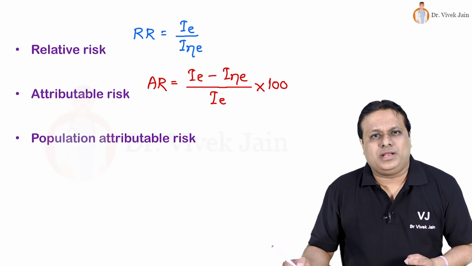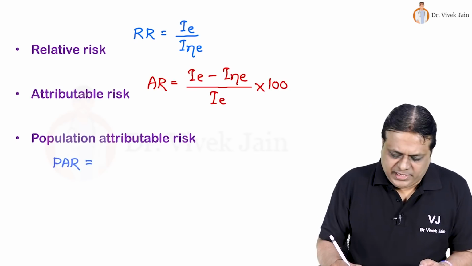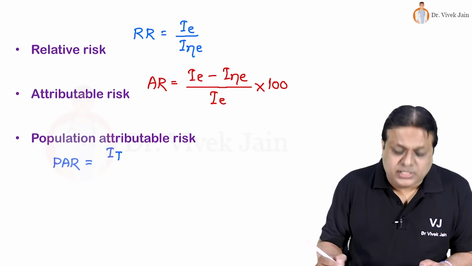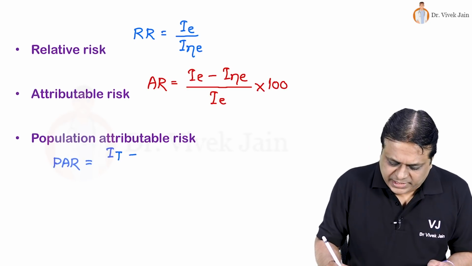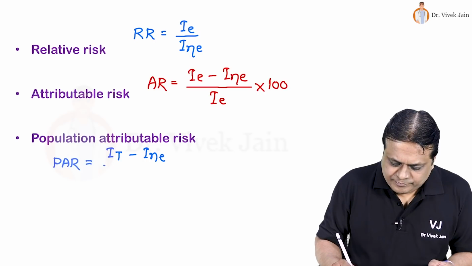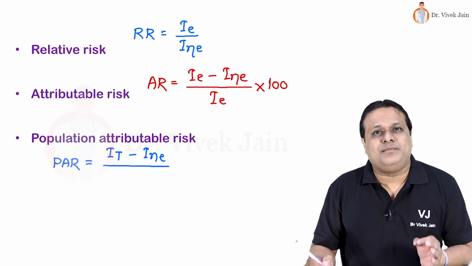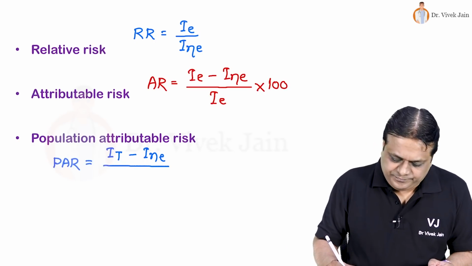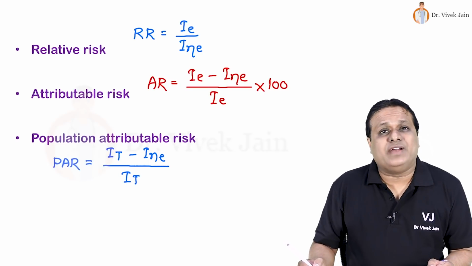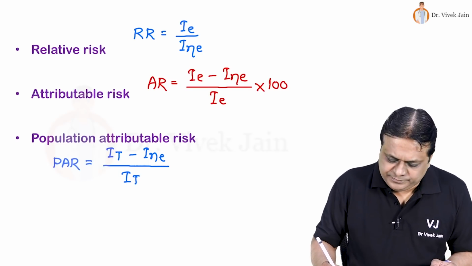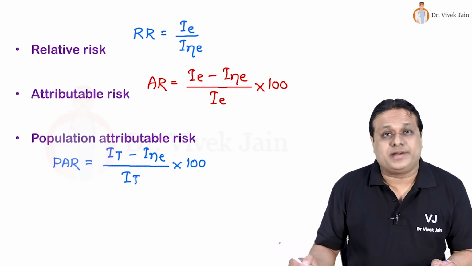Population attributable risk formula is incidence of the disease in total population minus incidence of the same disease in non-exposed divided by incidence in total and multiplier is 100.